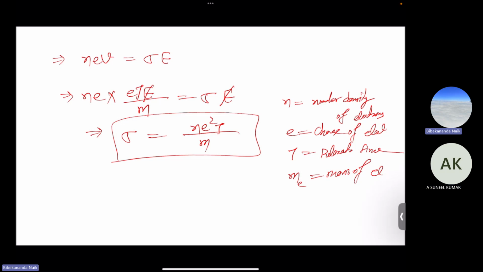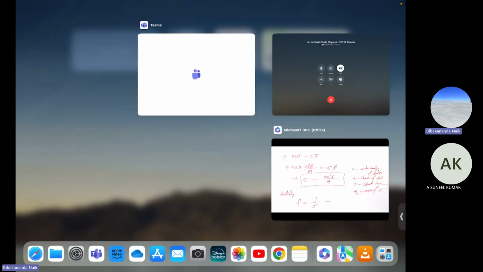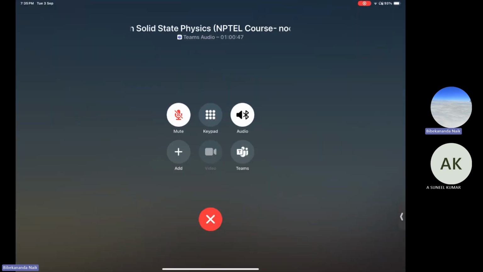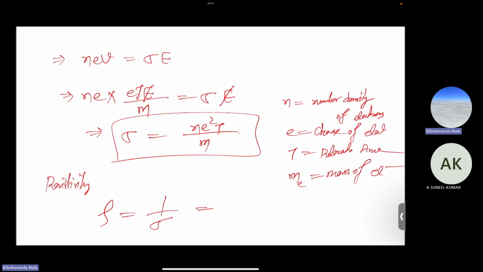Similarly, if you want to calculate the resistivity, we know resistivity is reciprocal to conductivity. So the resistivity ρ is 1/σ, that is m/ne²τ.